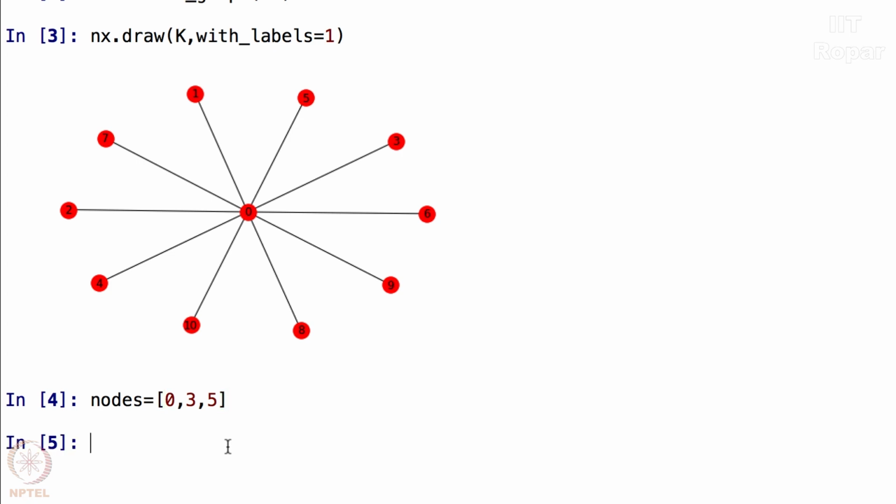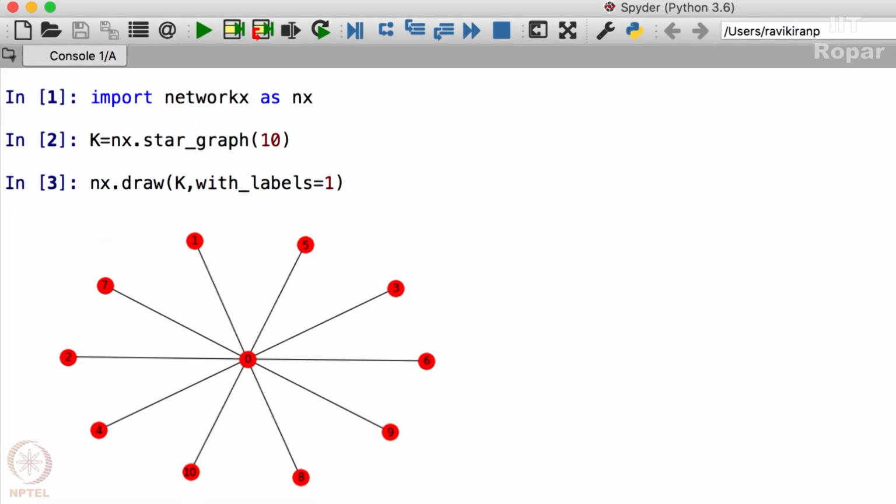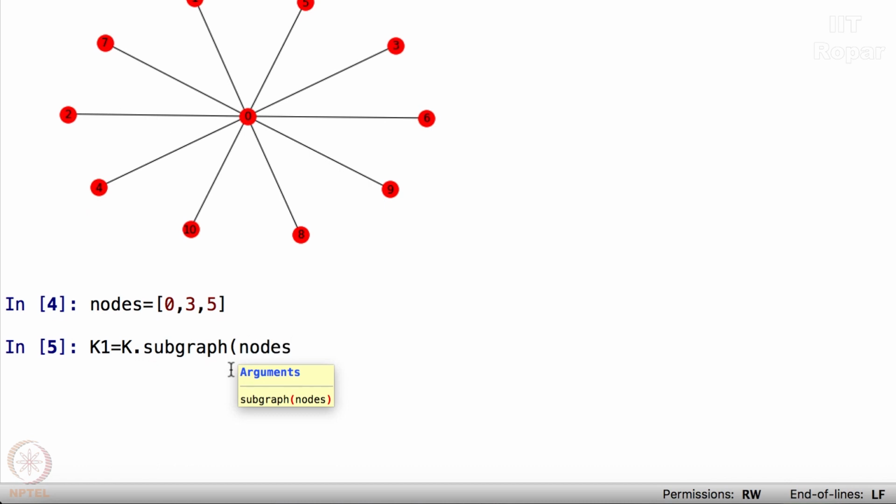I've picked up these nodes, and I'm going to label the subgraph as K1 equals K.subgraph, because my subgraph is going to be from the graph K. Subgraph of which nodes? Of the nodes which I've selected here. Is it clear? Now I'm going to draw K1.